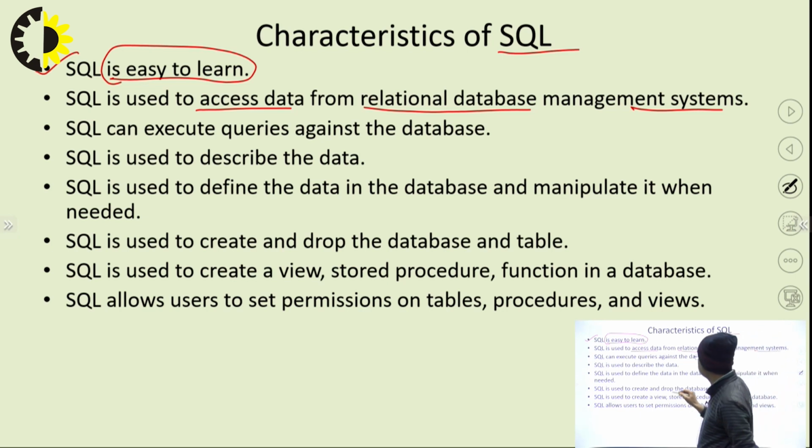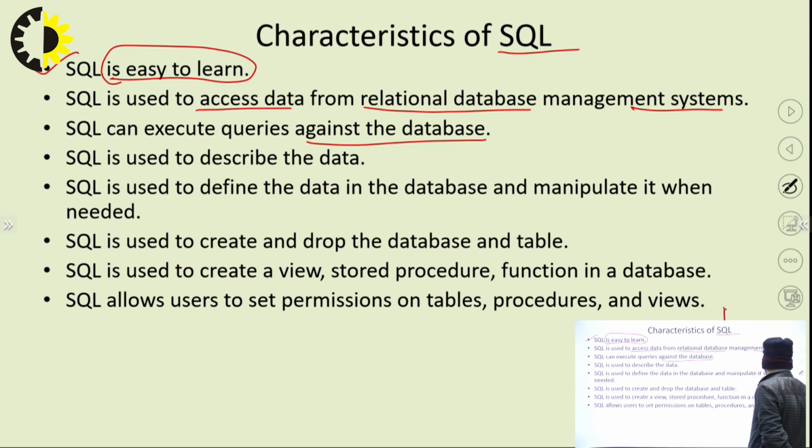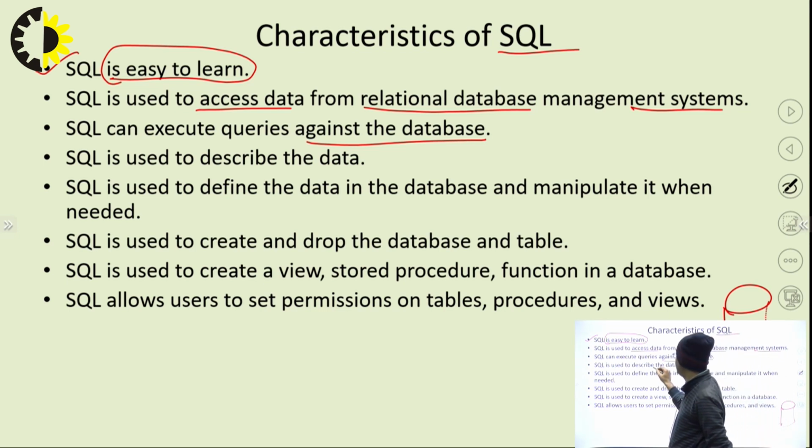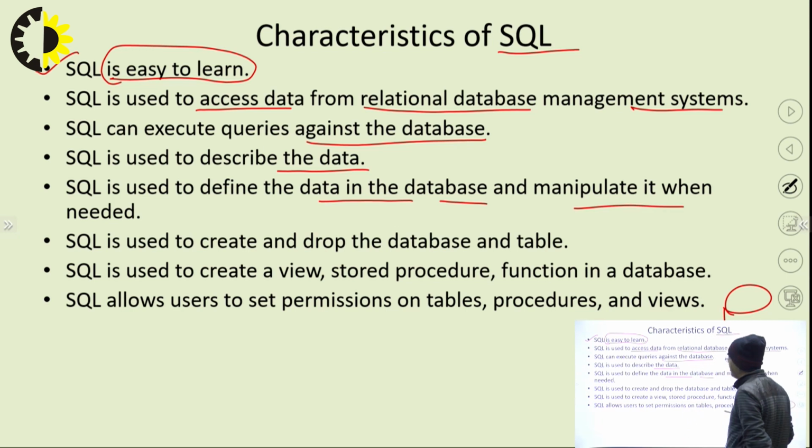It can execute queries against the database. If we have a database, we are able to execute queries by using SQL. It is used to describe the particular data. SQL is used to define the data in the database and manipulate it when needed.